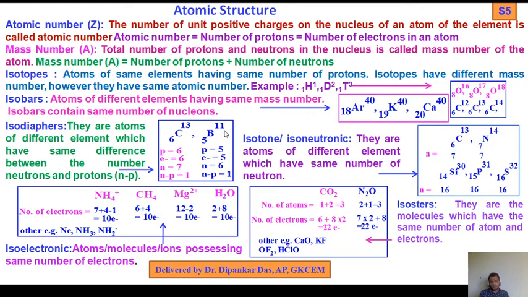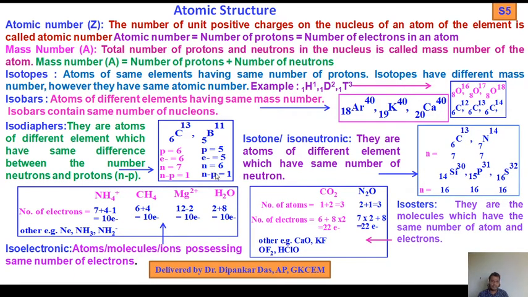Now in the case of boron 11 5, p equals 5, electrons equal 5, and neutrons are 11 minus 5, that is 6. Now n minus p, 6 minus 5 equals 1. So in both cases the n minus p value, the difference of the number of neutrons and protons, is the same, that is 1.